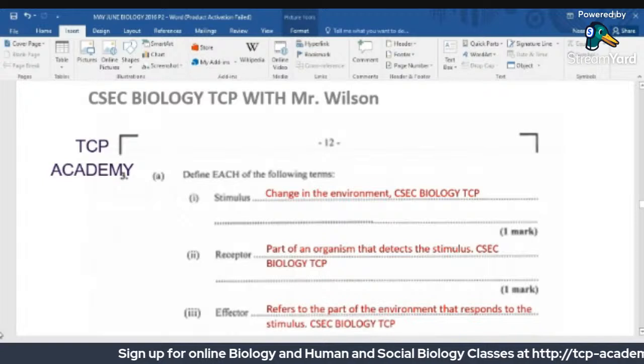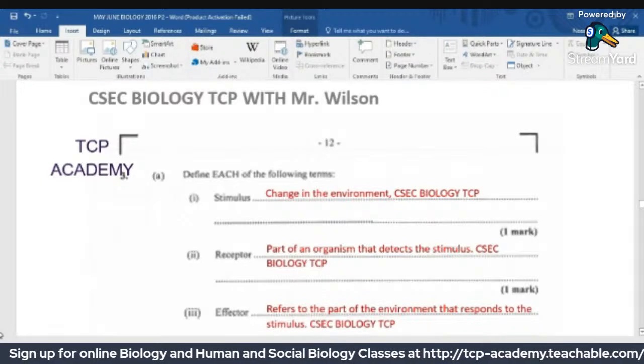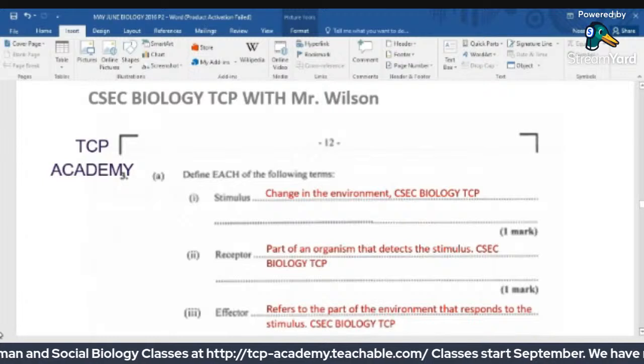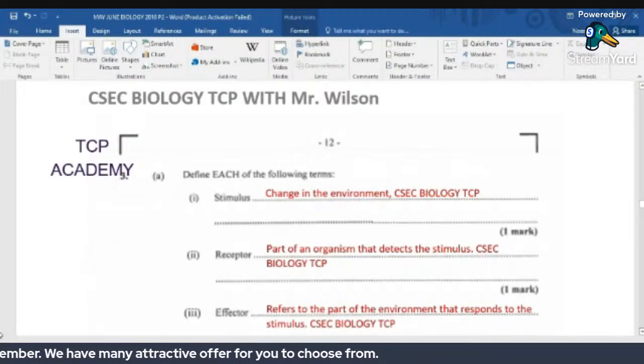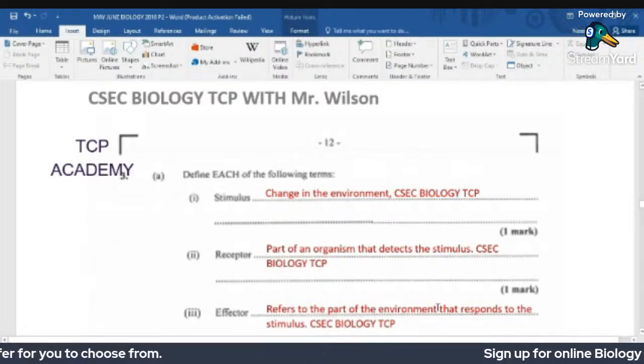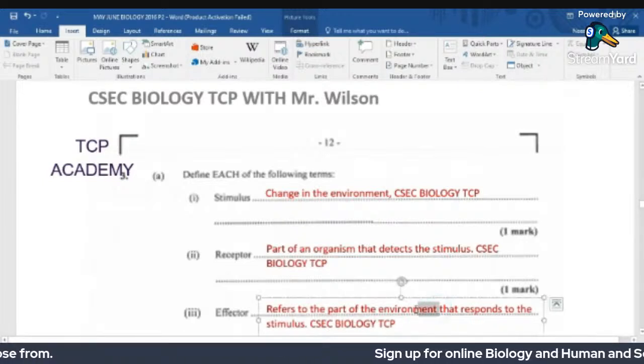Now the effector refers to the part of the organism that responds to the stimulus. It's a part of the individual that responds to the environment.